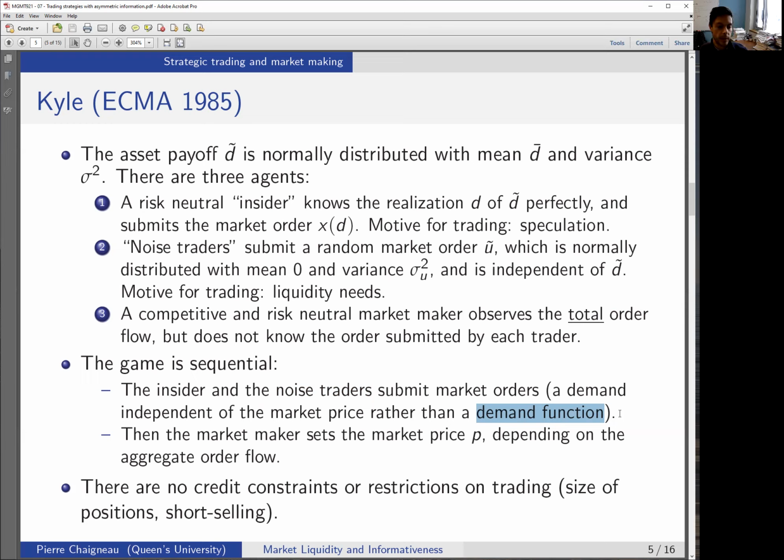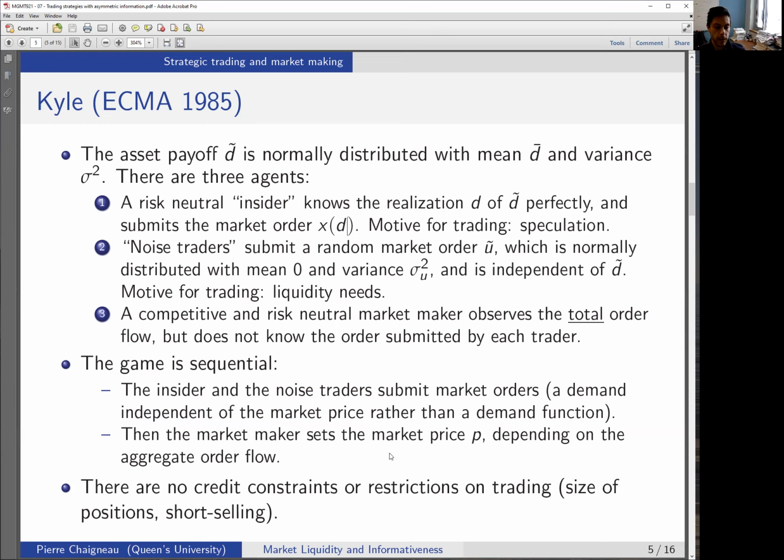Here instead, each of them submits a demand. Demand can be either a buy or a sell order, and negative demand means that you are selling. So this is independent of the market price. X is independent of P. But of course, now X depends on the information of the insider. So it's a function of D.